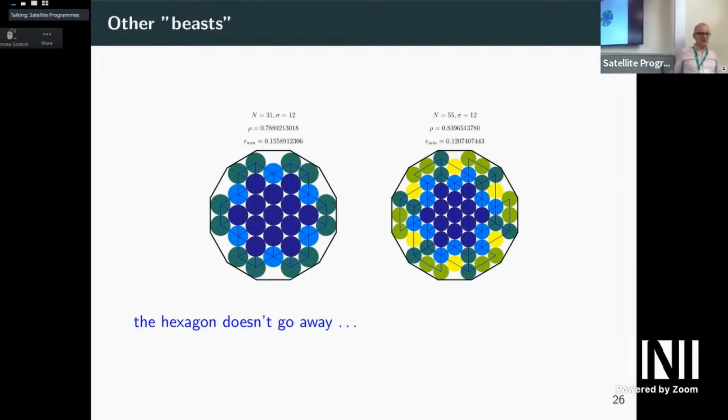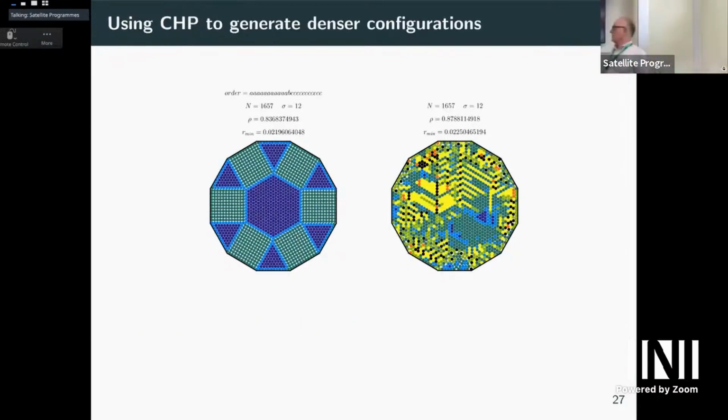So once you get to a very large number of shells, then of course CHP is not the best thing you can think of, but you can still find a use for it, because it's a very regular covering of your domain. And maybe if you do computational work, like I like to do, you can use it to find better configurations.